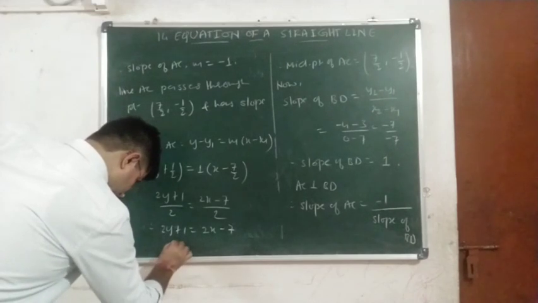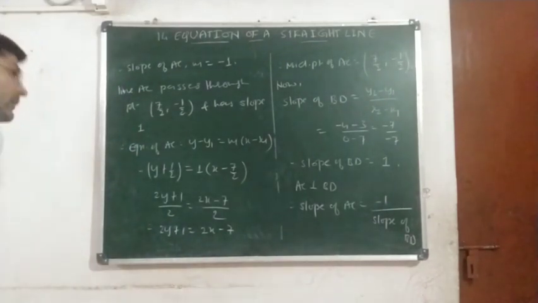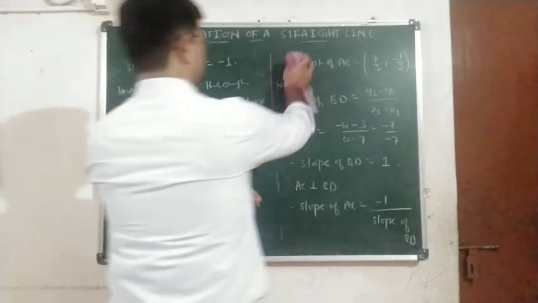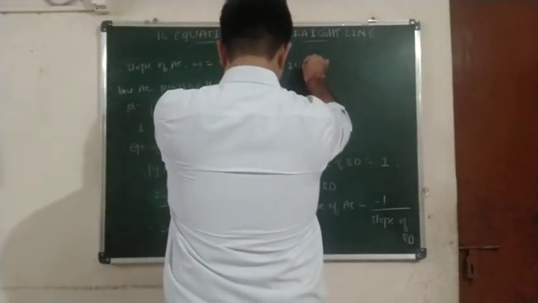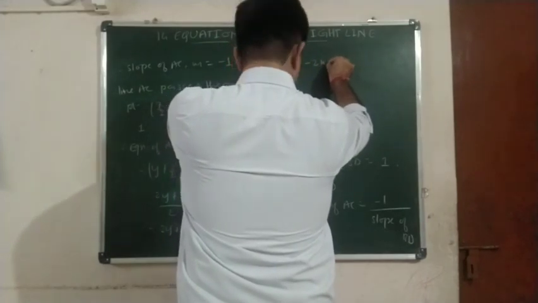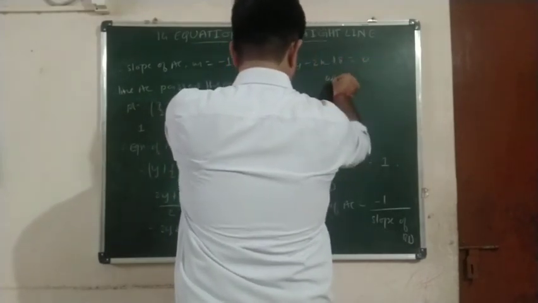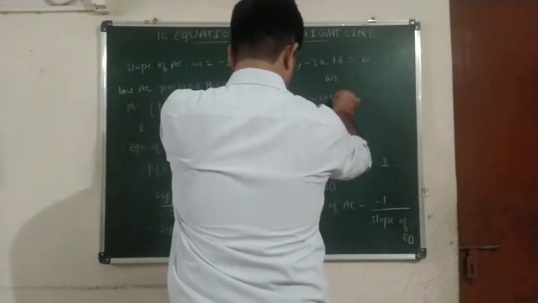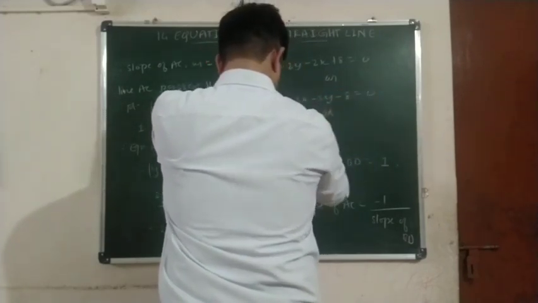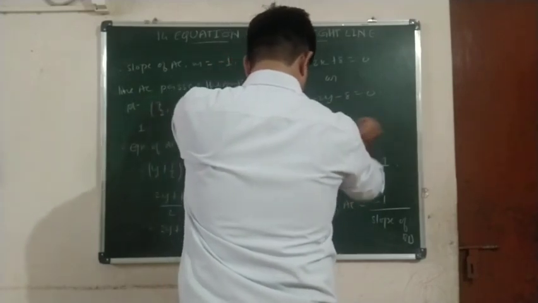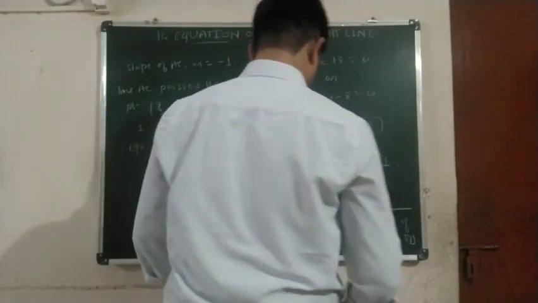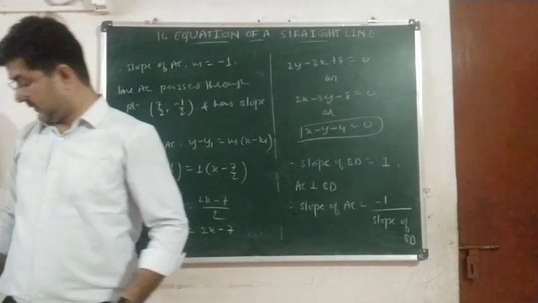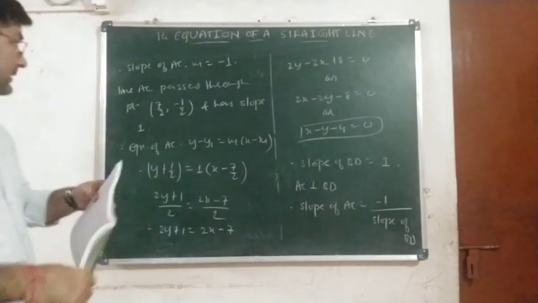Therefore 2y minus 2x plus 8 is equal to 0, or 2x minus 2y minus 8 is equal to 0, or x minus y minus 4 is equal to 0. Okay, this is the equation of diagonal AC.